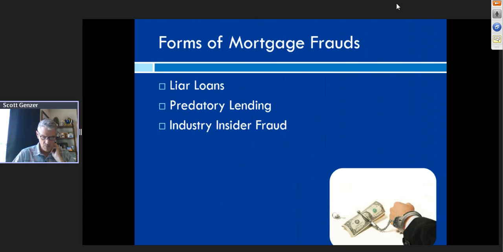Predatory lending, all right? If we've got lenders, real estate agents, originators who encourage a consumer to purchase a home based on an inflated appraisal, or steer them towards high-cost products, or put them in loans they can't afford based on overvaluations and things like that, that was predatory lending. The main thing we're going to focus on today is the ethics and the different factors that go into industry insider fraud.